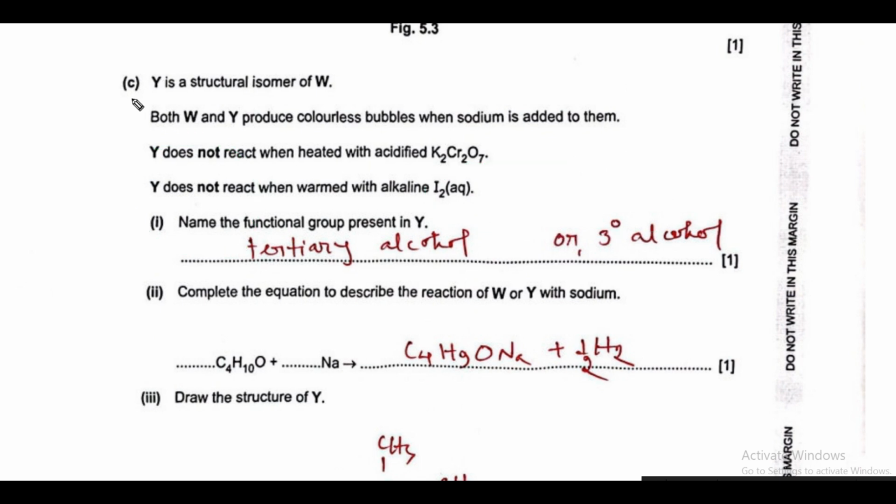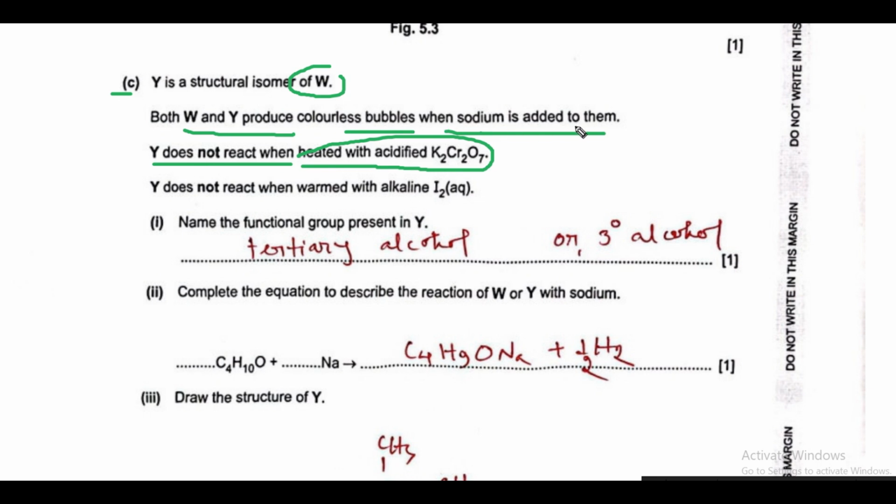Now you see Y is a structural isomer of W. Both W and Y produce colorless bubbles when sodium is added. Sodium reacts with alcohol to form hydrogen, and Y does not react when heated with acidified potassium dichromate. That means it is not a primary alcohol, not a secondary alcohol, not an aldehyde.